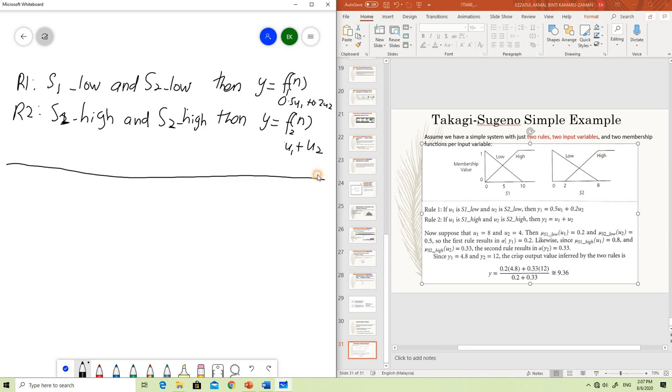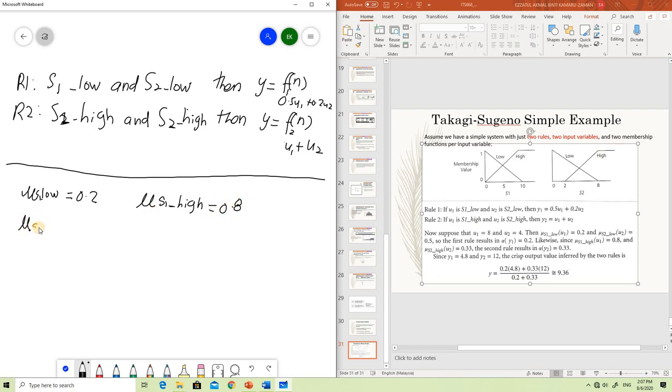These are your rules. Okay, so from the given question, you know that the degree of membership of S1 low is equal to 0.2. This is the information that has been given. And then degree of membership of S1 high is equal to 0.8.